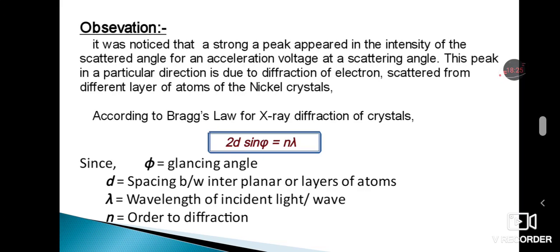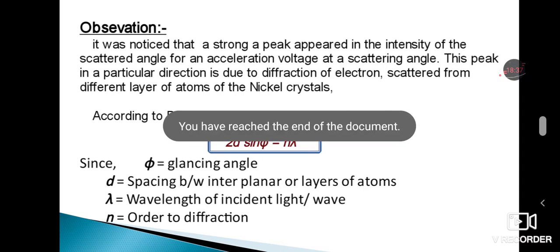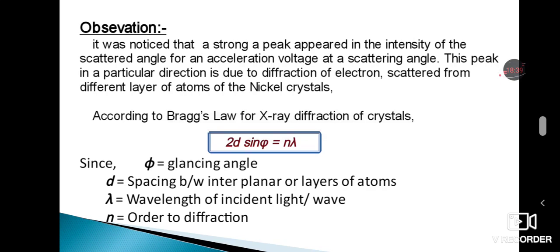So with the help of the Davisson and Germer experiment, we can conclude that electrons also behave like a wave; that is, the wave nature of the electron is concluded from this experiment. So here it completes the chapter, the dual nature of matter and radiation. Thank you.